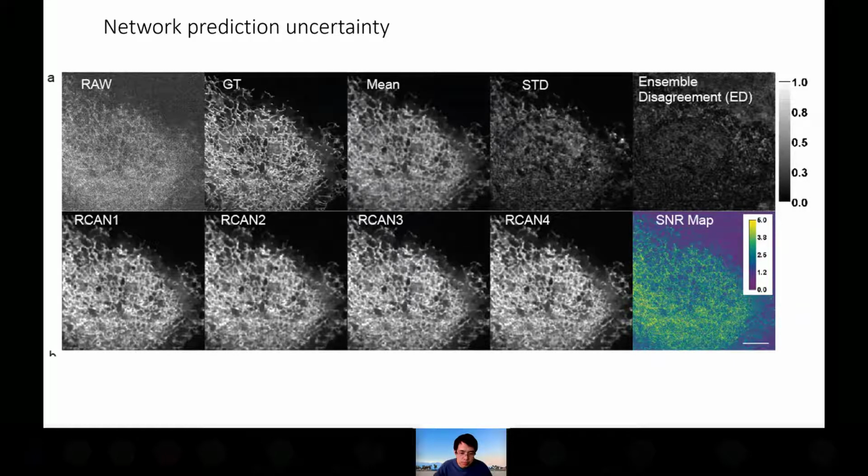In contrast, we found that calculating the signal to noise on a pixel basis gives us a better prediction about the regions that will match or not match the ground truth images.